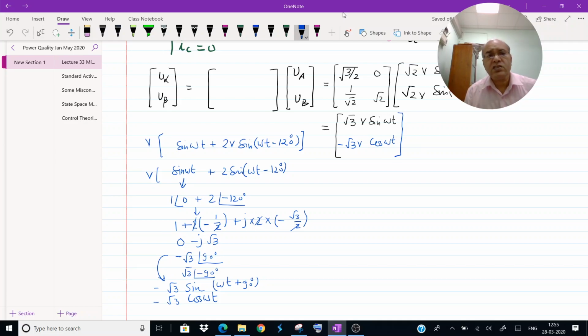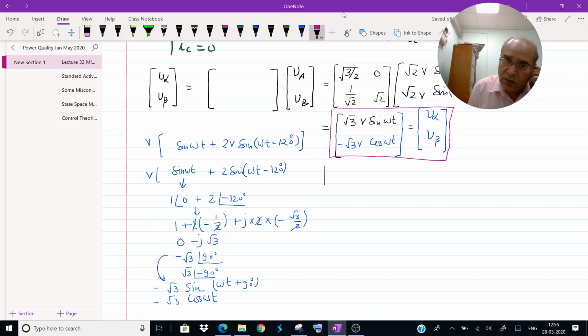Fine. So this is the B alpha and B beta. Remember this, it's a very important expression. We will use this in our further calculation.